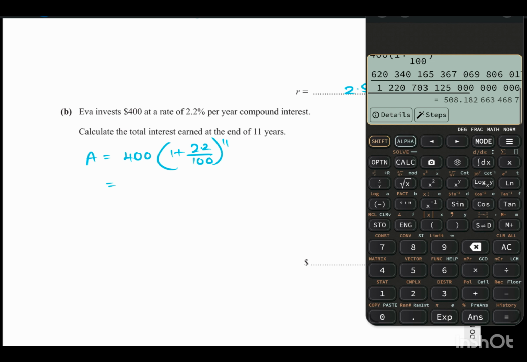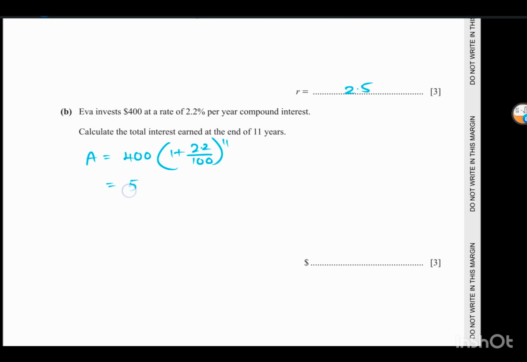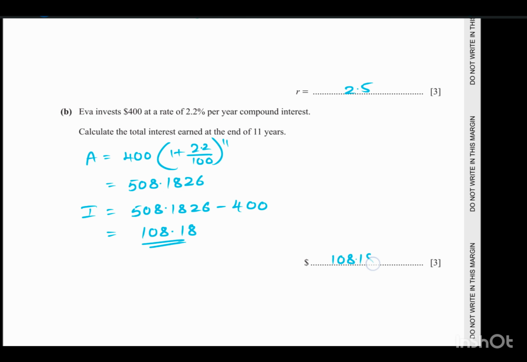It is 508.1826. Now subtract this. Interest will be 508.1826 minus 400. So it is 108.18. This is the interest he earned, $108.18. Question number B is done.